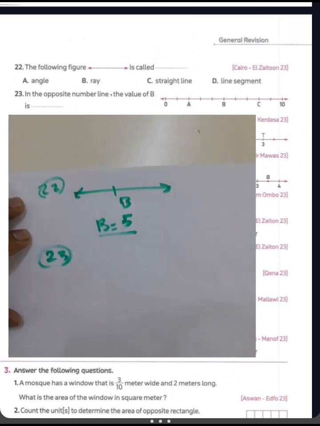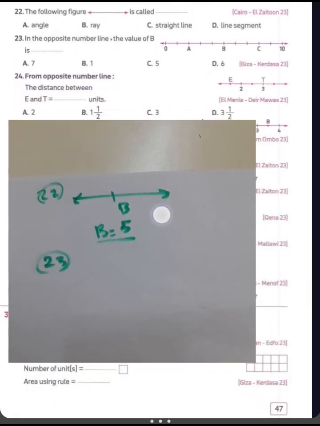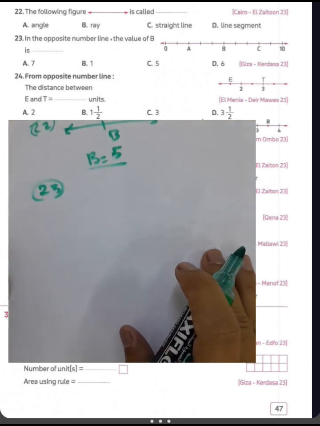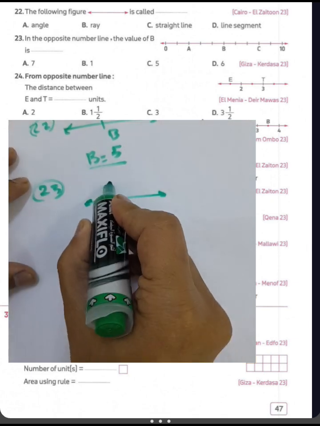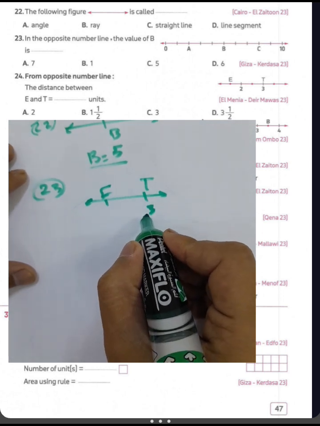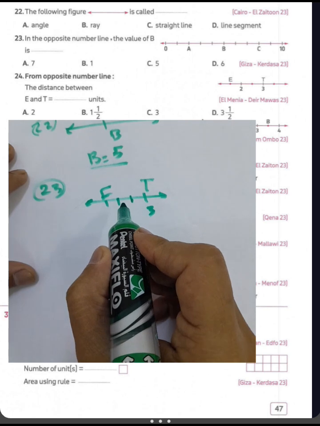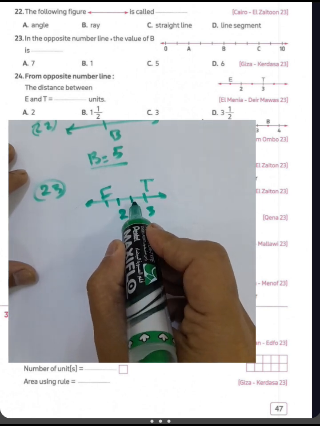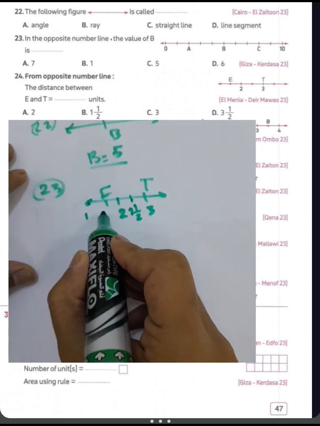Question 24. From the opposite number line, find the distance between E and T. We have here point E and point T. Point T lies at 3, and here 2, and we can write here 2.5, and here 1, and here 1.5.